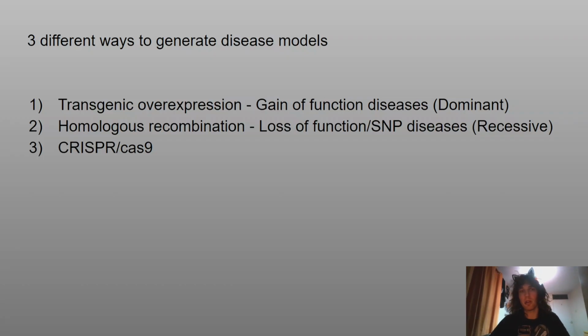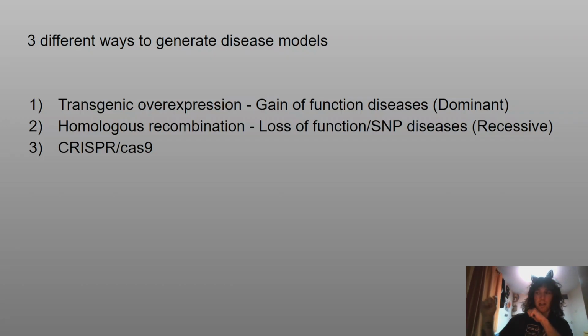Homologous recombination, we use that for loss of function in knockout events or single nucleotide polymorphism diseases, which are usually recessive. Why? It's because if we only have one copy of the allele, it's normally haplosufficient, right?